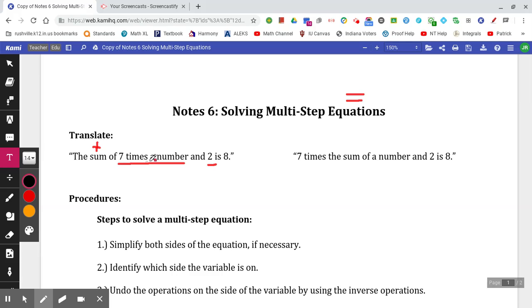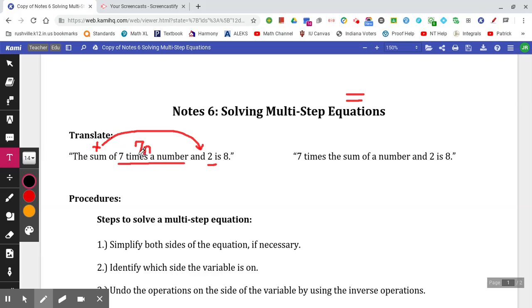All right, so 7 times a number. Let's go ahead and use n to represent our number. Let's not use any symbol to represent multiplication. Instead, we're just going to put them together. So 7n represents 7 times a number. And this is where your addition sign is going to go.